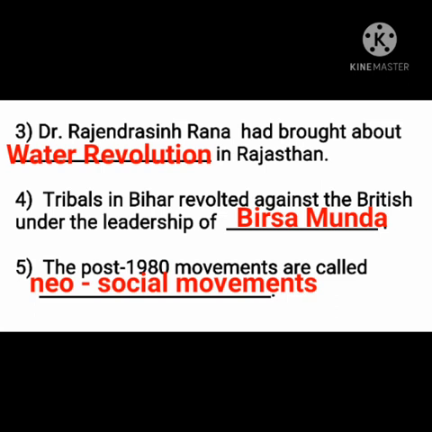Whenever any problem takes place, like environmental problems, protecting water, pollution, the movements that took place come under the neo-social movement. Earlier the movements were different, fighting for the freedom of the country and the rights of the citizens. That has differed and moved to social problems also. So that is called neo-social movement.